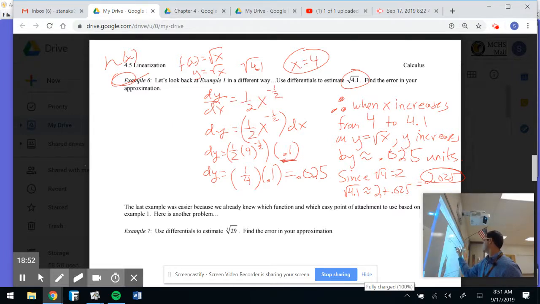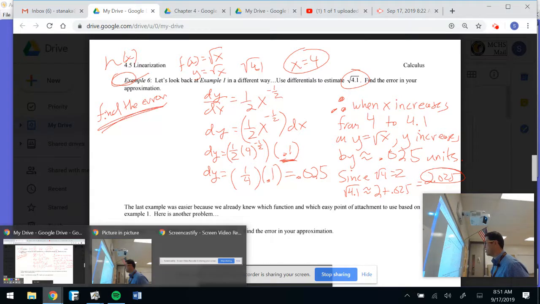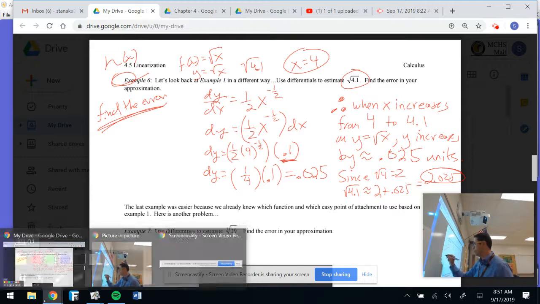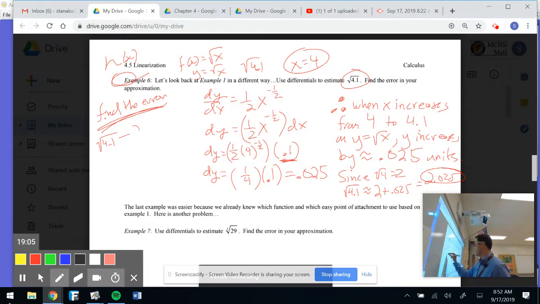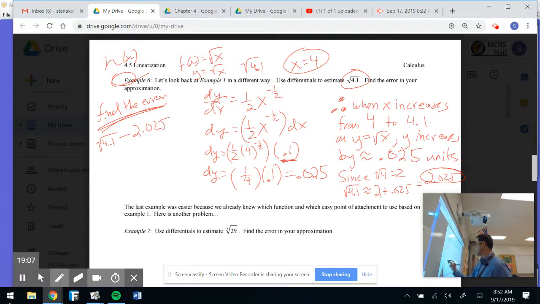Now, what they asked me to finish this problem is find the error. And do we all remember how I find the error? It is the actual value, which is the square root of 4.1, minus the approximated value, which is 2.025. So yes, the only way you can do this is with the use of a calculator.